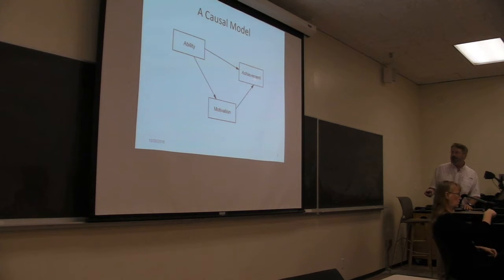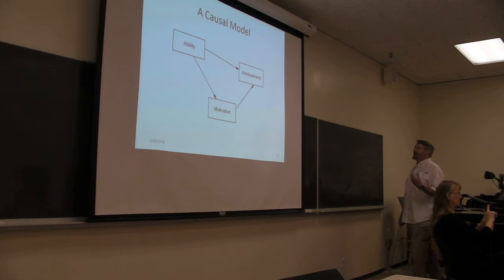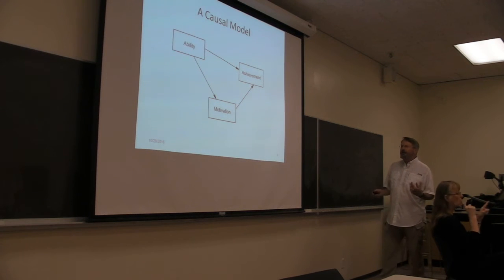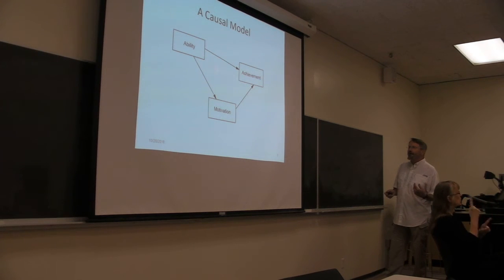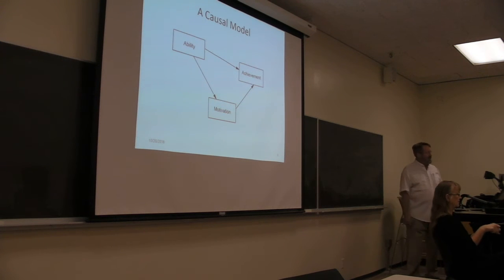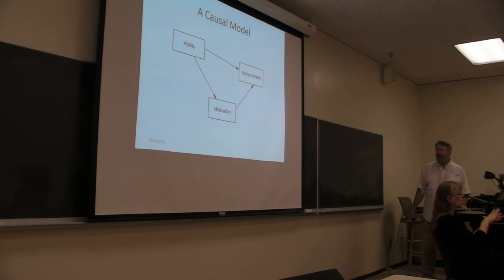But for whatever reason, we also think it's important to have cognitive ability in the model. One reason we would think that would be important is that if you look at school learning theory, you'll see that all school learning theories have some sort of variable, some sort of construct that gets at cognitive ability. And the notion is that cognitive ability is also an important influence on achievement.